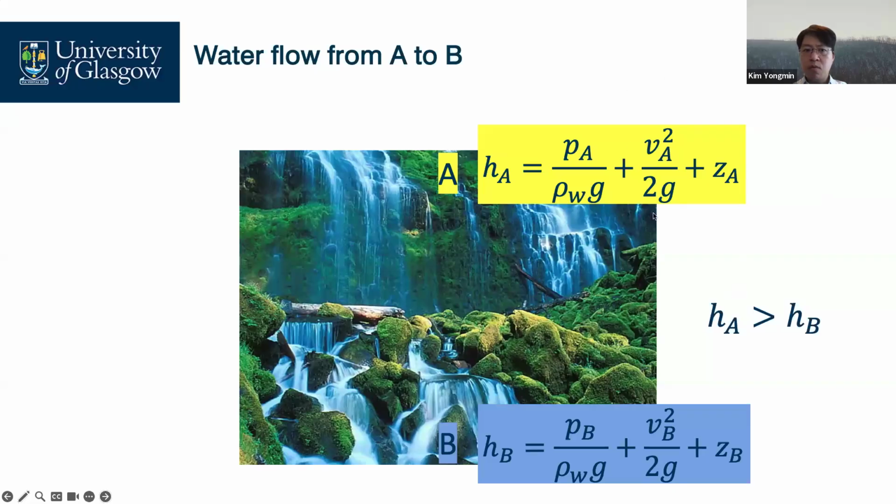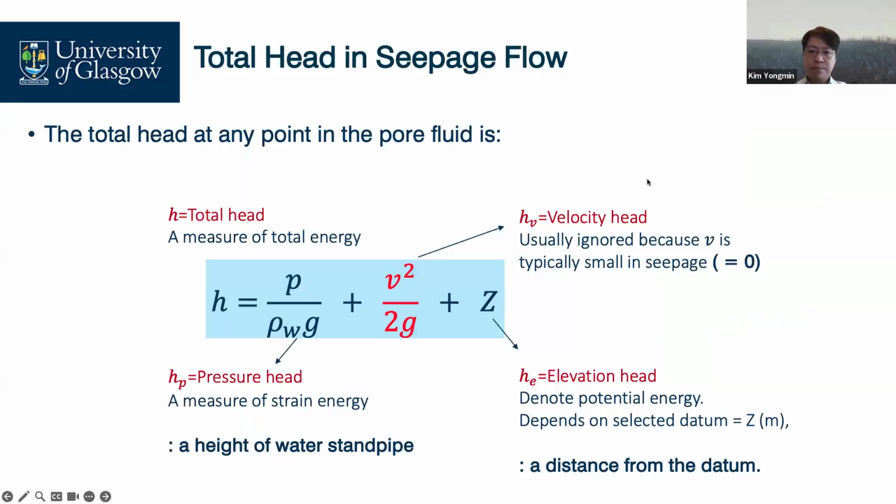We also have one more term, velocity. When it comes to water flow in soil, the velocity is too small as compared to water flow in the open channel and closed channels taught in your fluid and hydraulics modules, because our water flows through the voids, right?